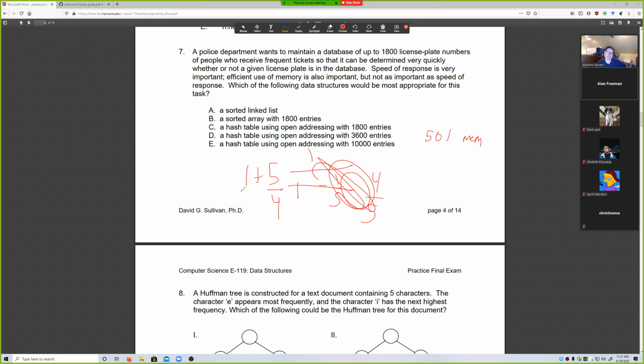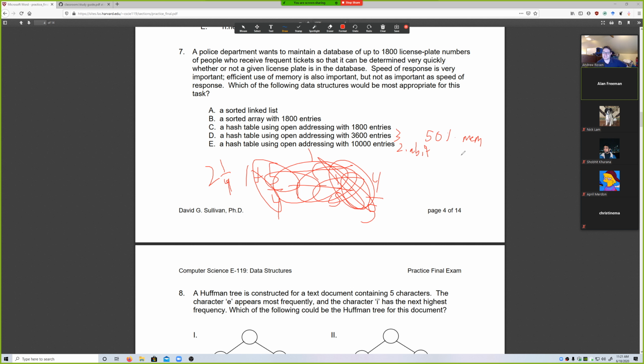So that should be 1 plus 5/4, so 2 1/4 lookups. So 2 expected lookups with a 25% chance of having 1 more, let's say. So that's 3 lookups versus 2 and a bit. Very exact math terms here, right?